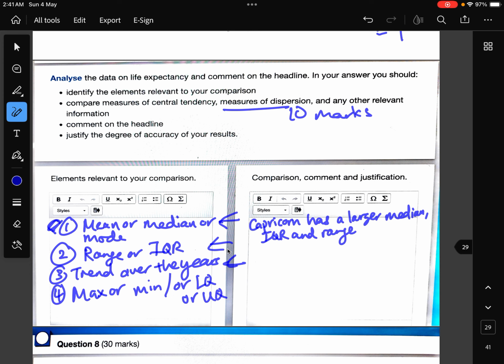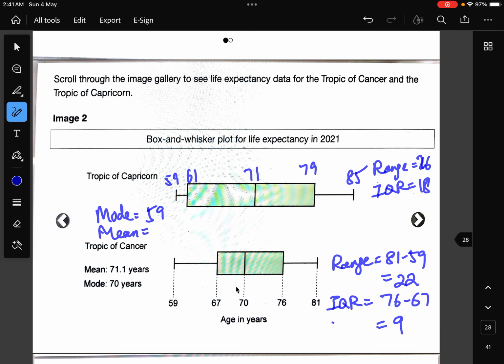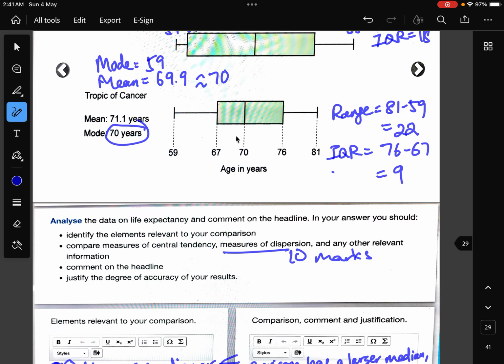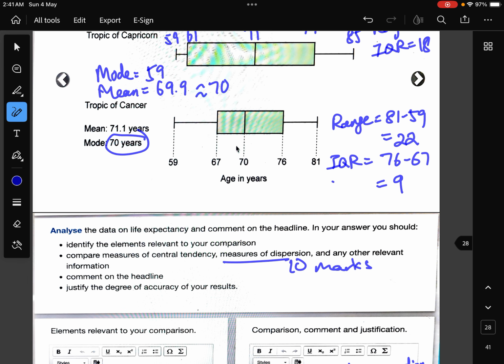Okay, and you could also say that Cancer, obviously the mode is higher. Just to let you know, if you work out the mean for Capricorn, that's actually going to give me approximately 69.9, which is about 70 years. So obviously it's less than Tropic of Cancer. So we know that Cancer generally has the higher mean and mode.